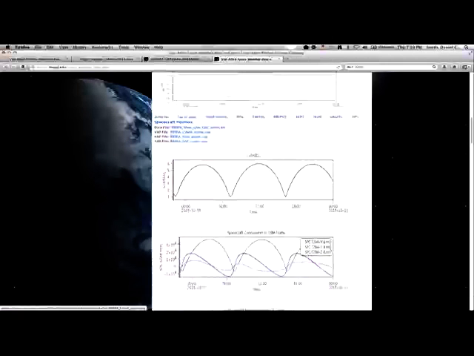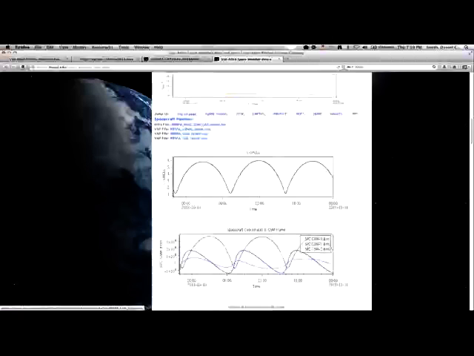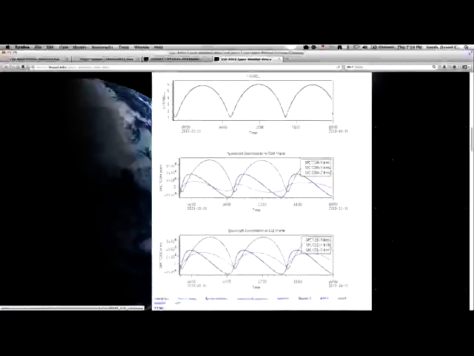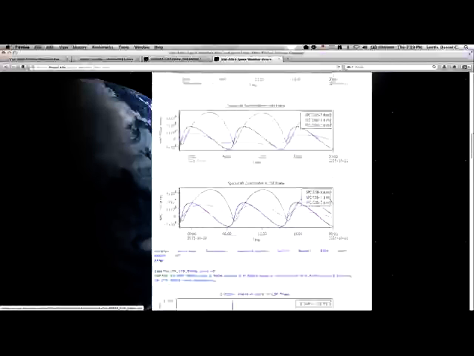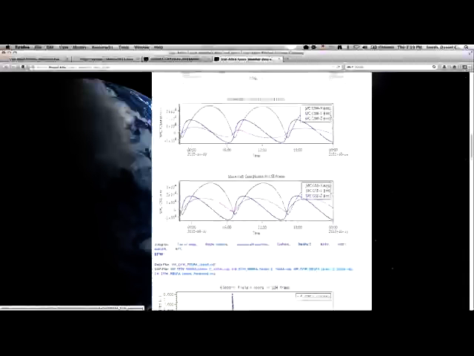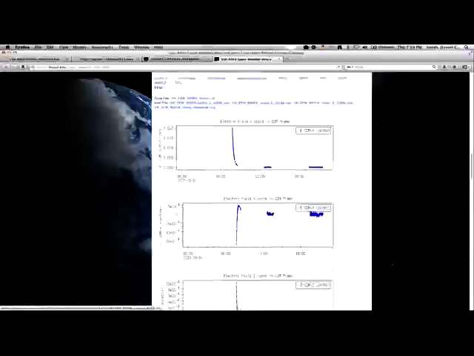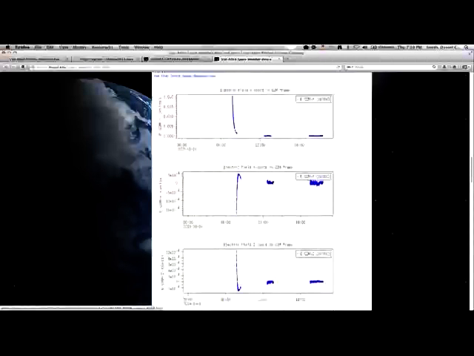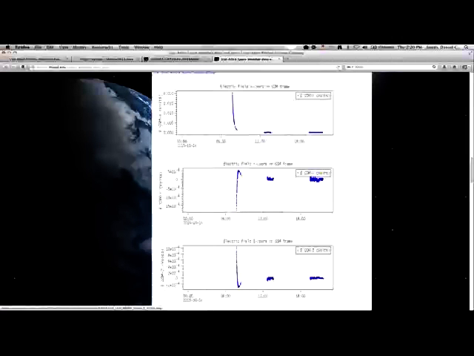And then we have the spacecraft position, or L shell as a function of time, and the spacecraft in different coordinate frames, X, Y, and Z as a function of time. These aren't as pretty as the orbit plots. These are just line plots, but it's here. And then here's EFW, the electric field in X, Y, and Z in the GSM frame.